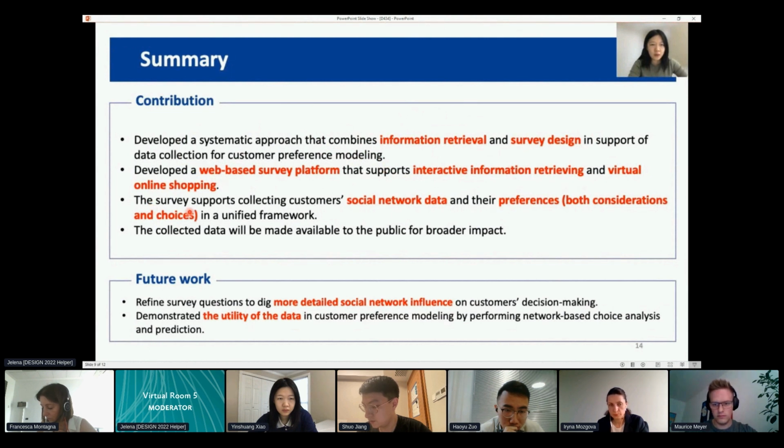The survey supports collecting customer social network data and their preference in a unified framework. The collected data will be made available to the public for broader impact. Our future work will be to refine survey questions to dig out more detailed social network information and demonstrate the utility of the data in customer preference modeling by performing network-based modeling work.